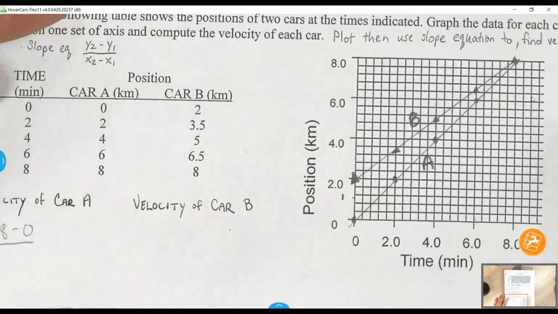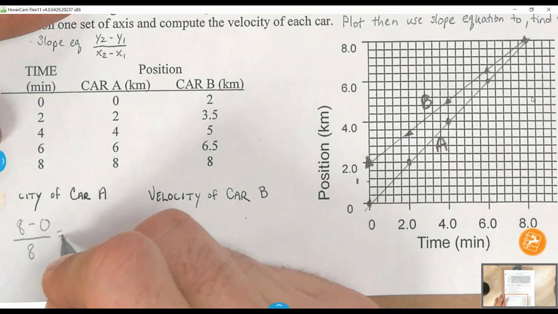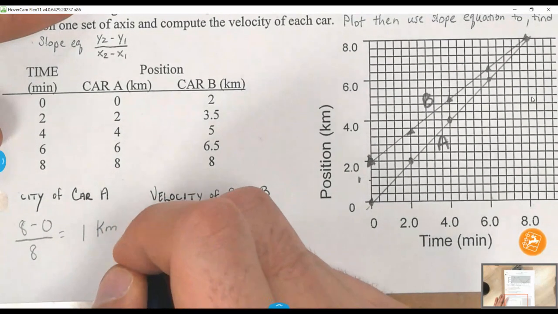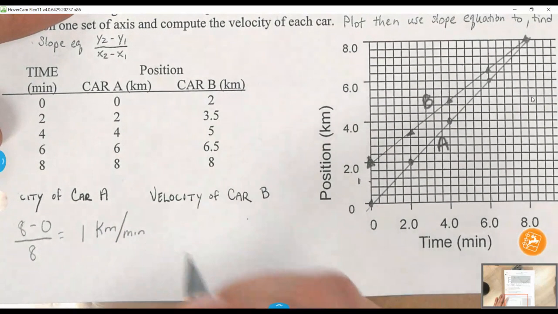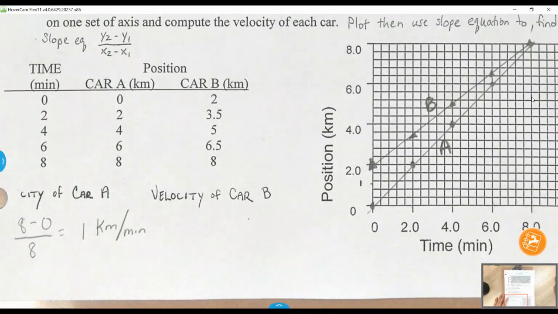So you can use this equation, with 8 minutes on the bottom. So we're going to have 1 kilometer per minute.